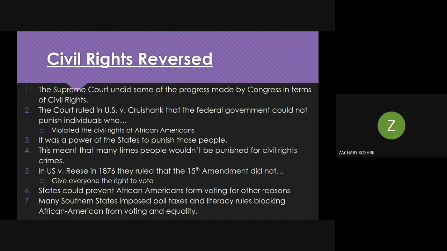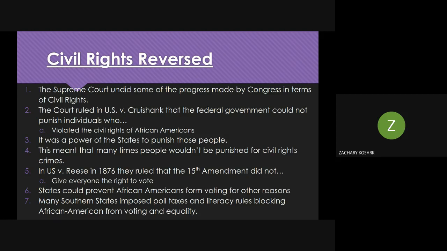So the Supreme Court undid some of the progress made by Congress in terms of civil rights. The court ruled in U.S. versus Cruikshank that the federal government could not punish individuals who violated the civil rights of African Americans, which is just an insane thing to think about.